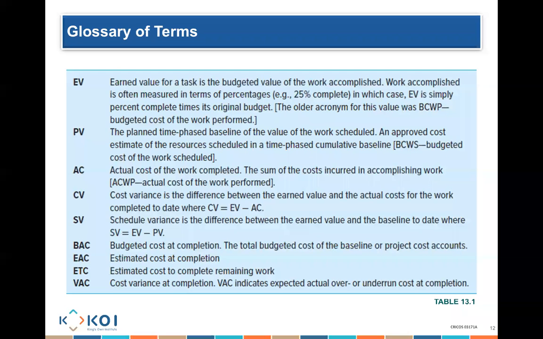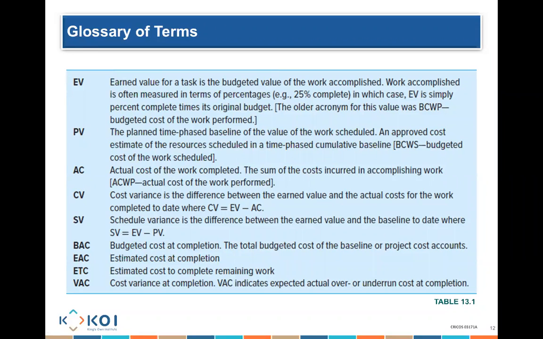Am I ahead of schedule or behind? How do I know that? By doing earned value minus planned value. My cost variance, how am I doing in terms of budget? Under or over? Again, it's earned value minus actual cost. So everything gets compared against what I have actually earned at any particular point of time.